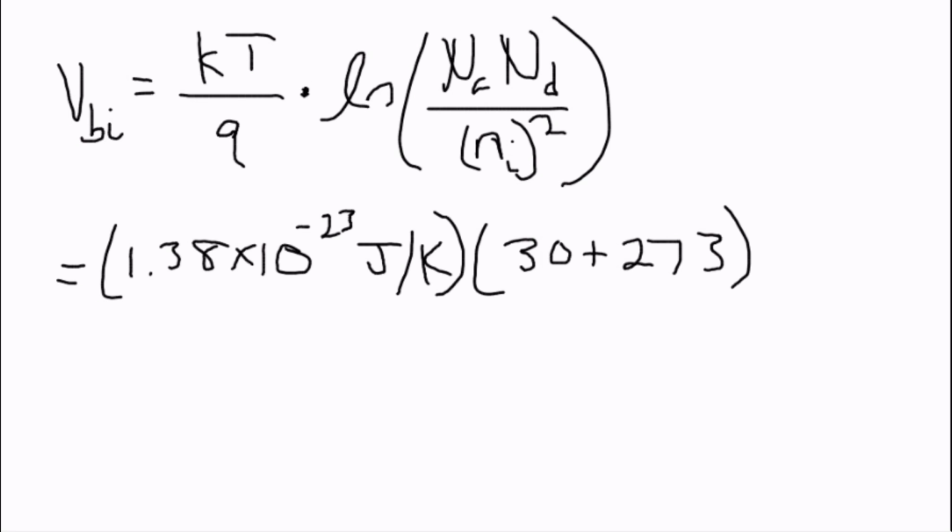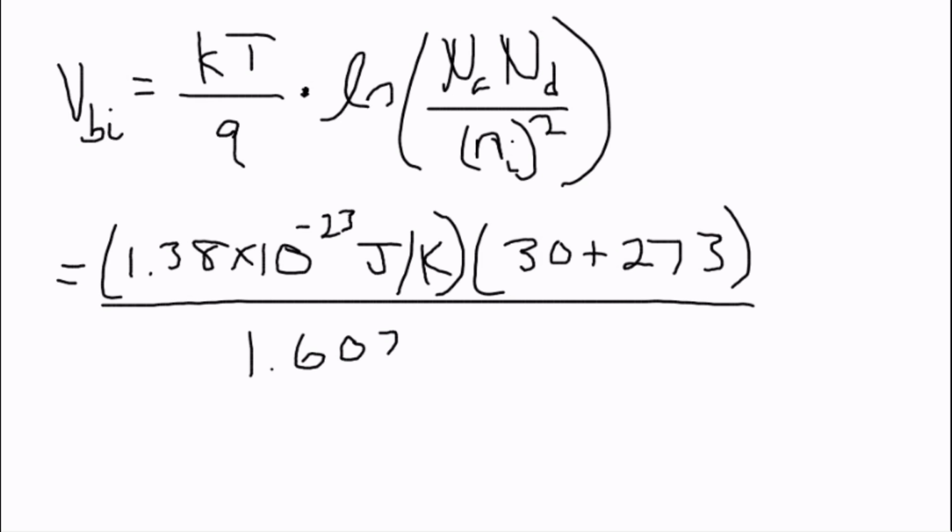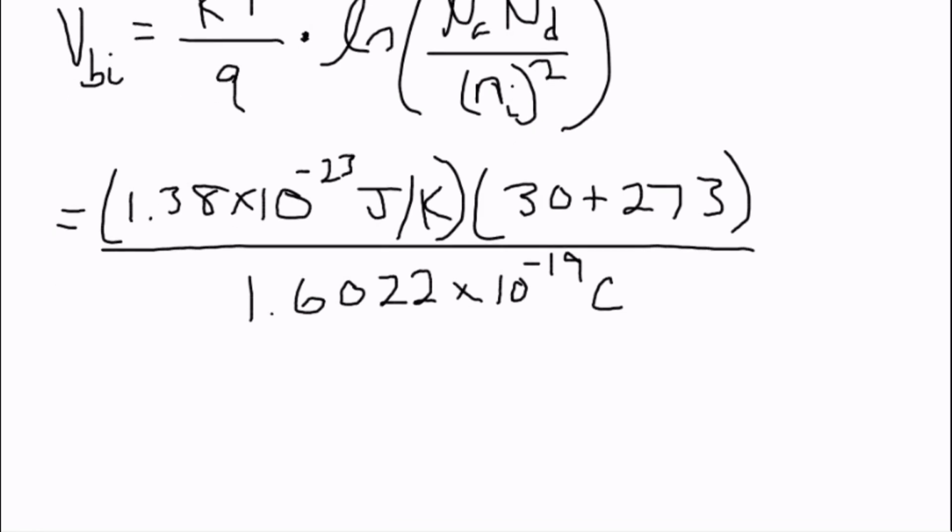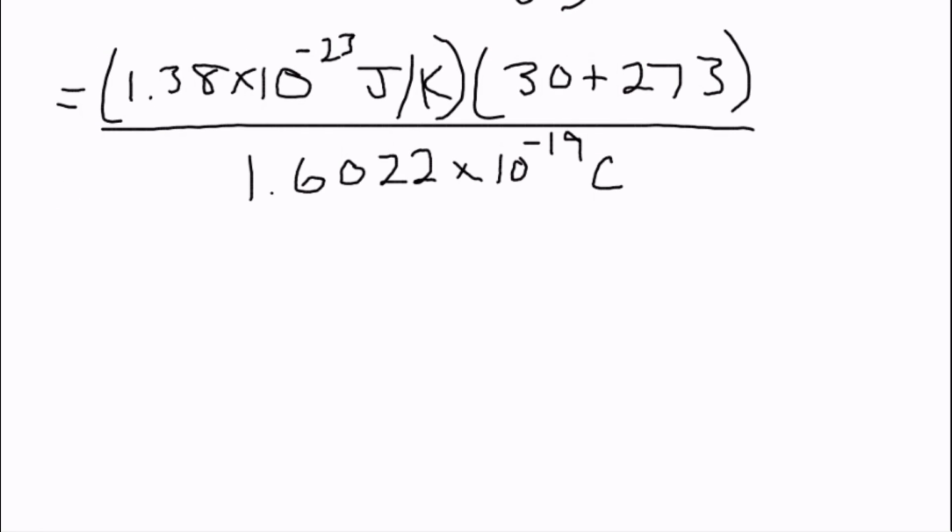Then we'll have the temperature in Kelvin over q, which is just the magnitude of the charge of the electron, 1.6022 times 10 to the negative 19 coulombs. We've run out of room over here, so let's just drop down and keep going with this.